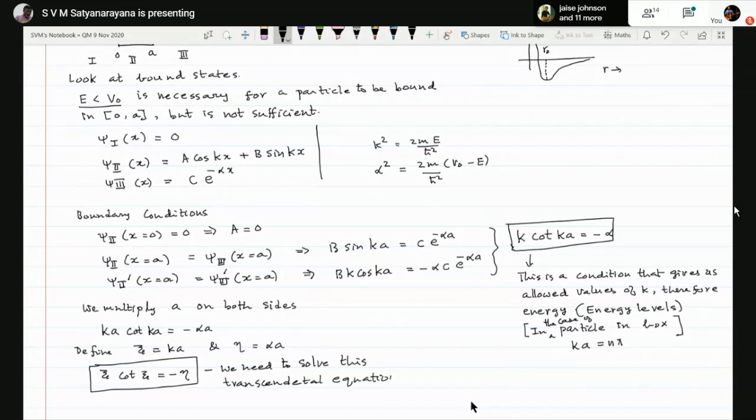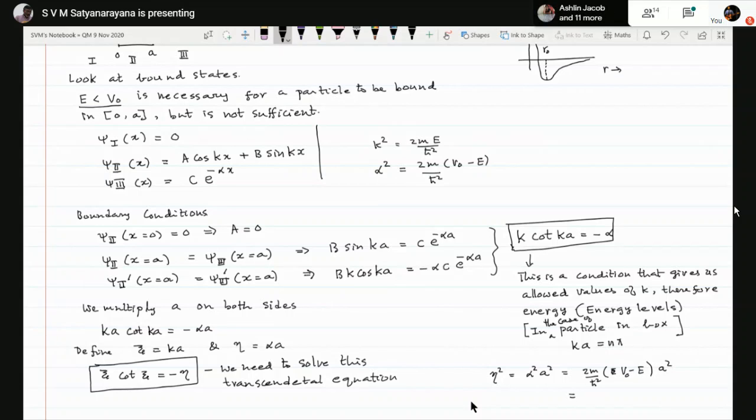Because, what is eta? Eta square is alpha square A square. What is alpha square? Alpha square is twice m by h bar square into V naught minus E, so V naught minus E into A square.